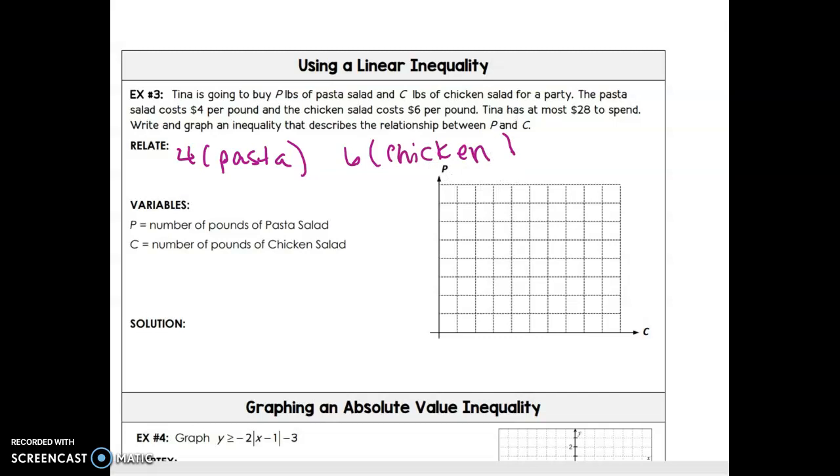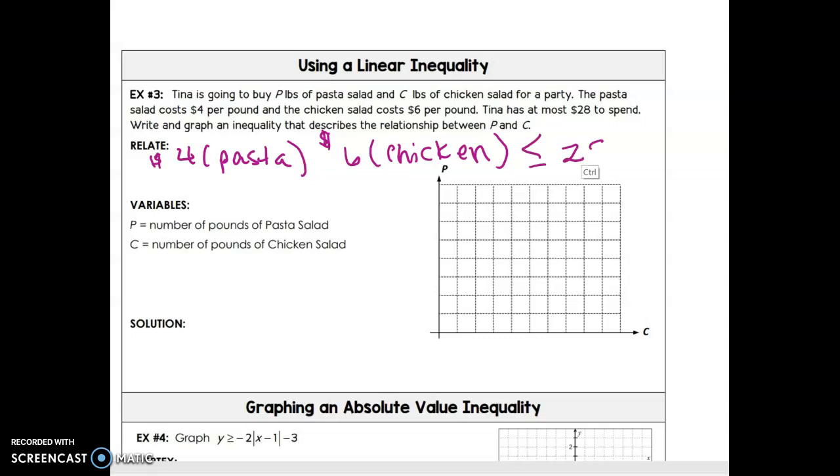So we have $4 for one of them and then $6 for the other. You could put a money sign if you want. That's really ugly and I'm wasting time. Money. There. All right.